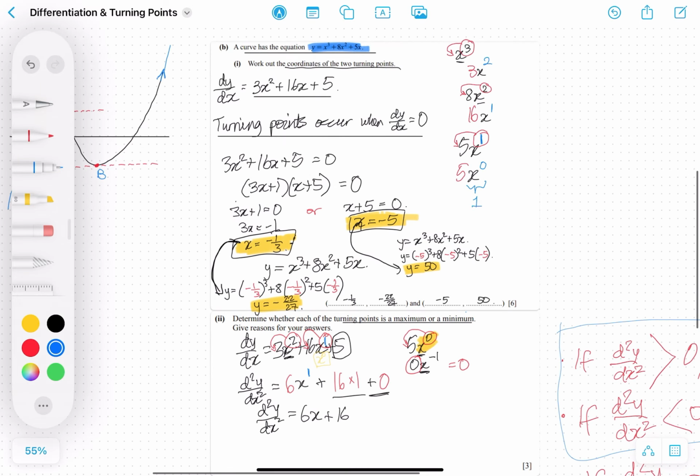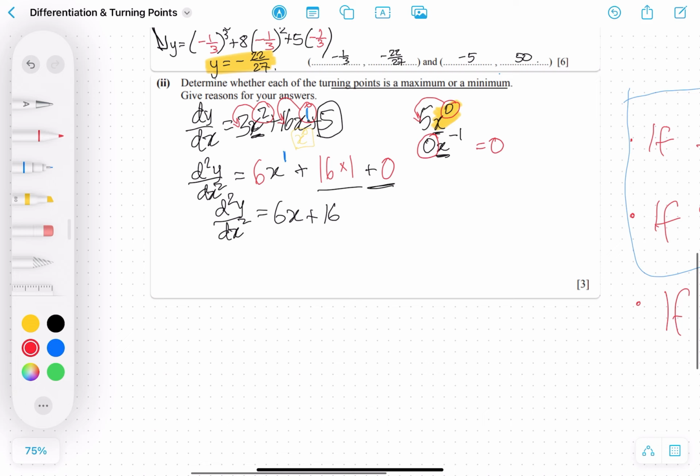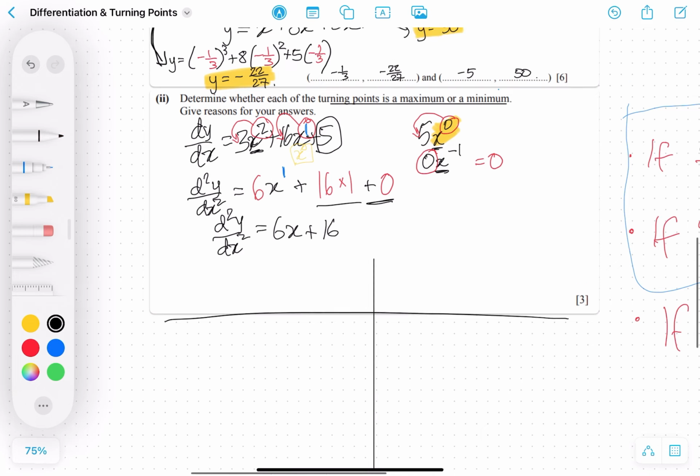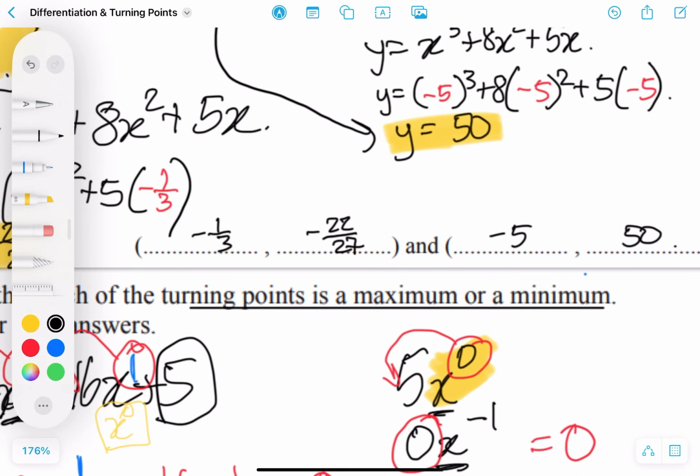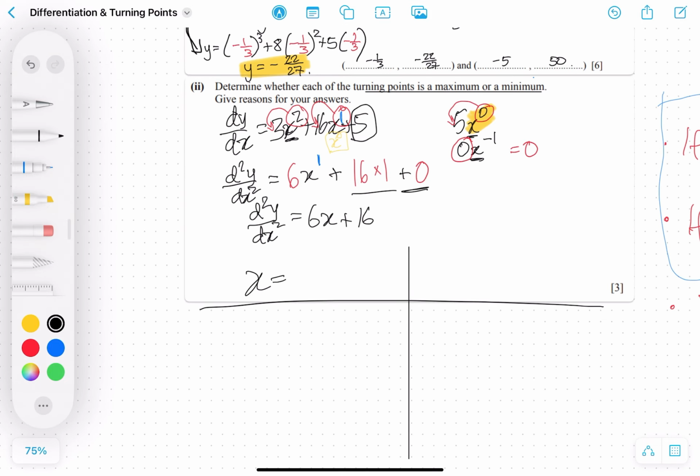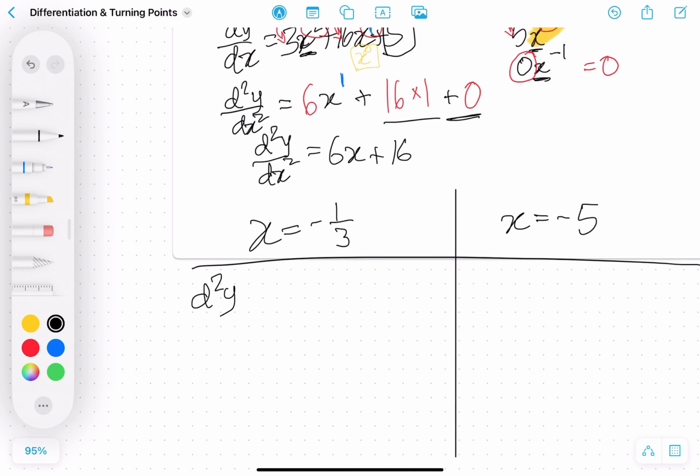And so now all we do is take each of the x coordinates, which is -1/3 and -5, and substitute it into d2y by dx squared.